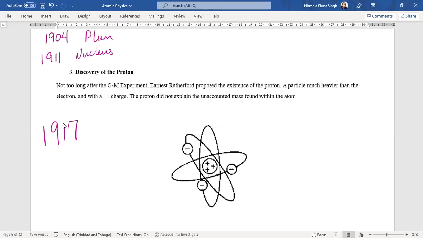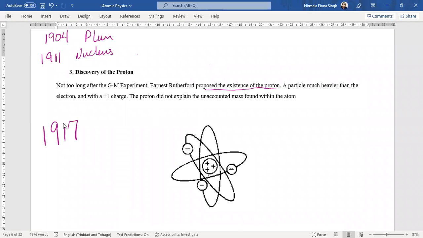Ernest Rutherford proposed the existence, right? He proposed it, and afterwards they went and proved it. So it's a particle that is much heavier than the electron with a +1 charge. The proton, however, did not explain an unaccounted mass found within the atom.